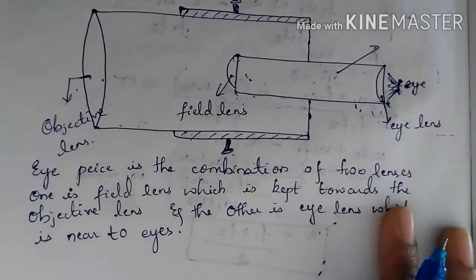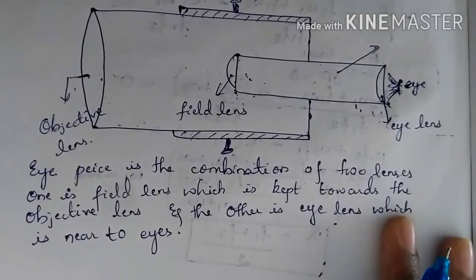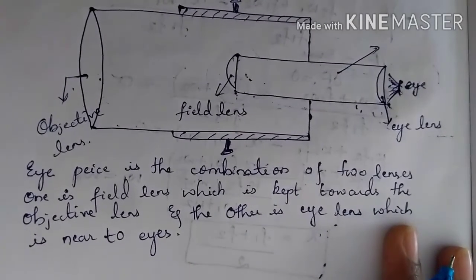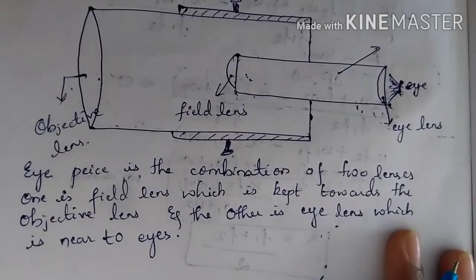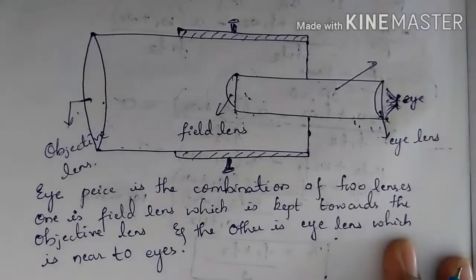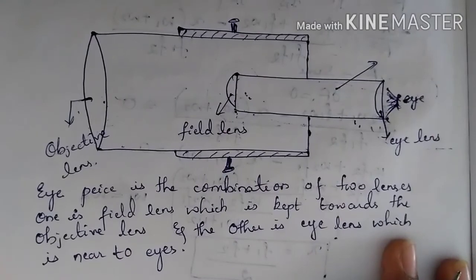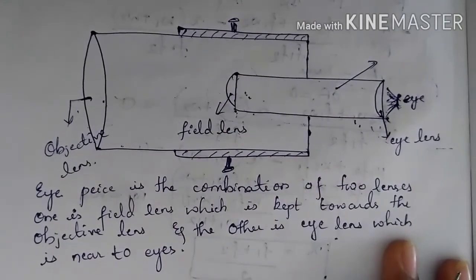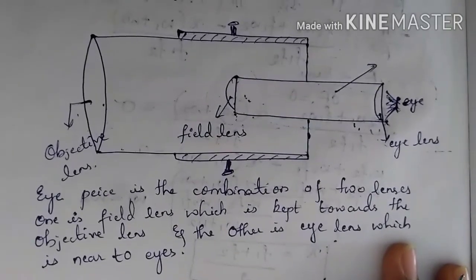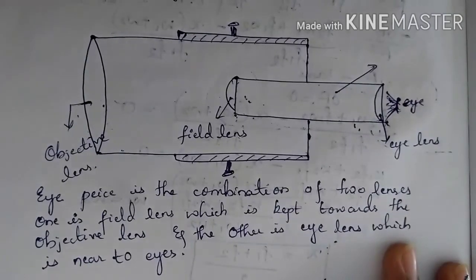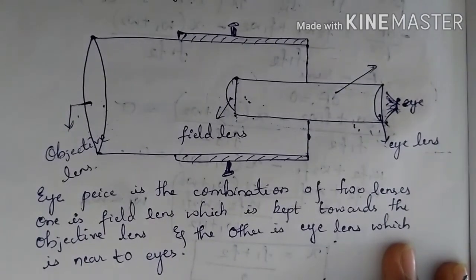We'll learn these two different eyepieces, their equivalent focal length and the position of equivalent lenses, and the nature of the image that will be formed. At the end we will also learn the merits and demerits of the eyepieces, and later the difference between Ramsden's eyepiece and the Huygens eyepiece. So this is all for the next class.